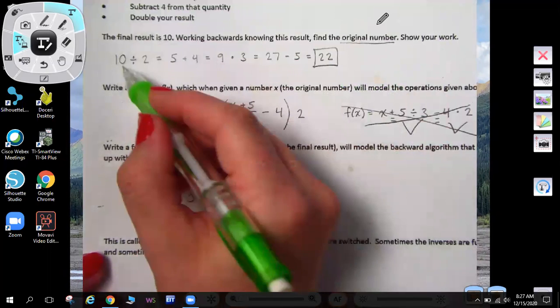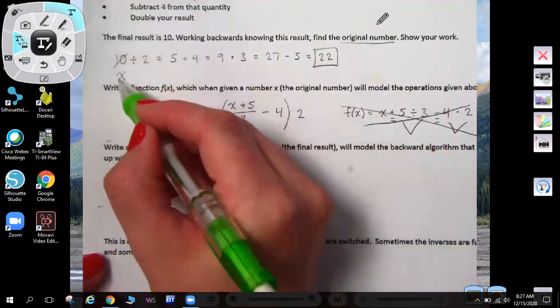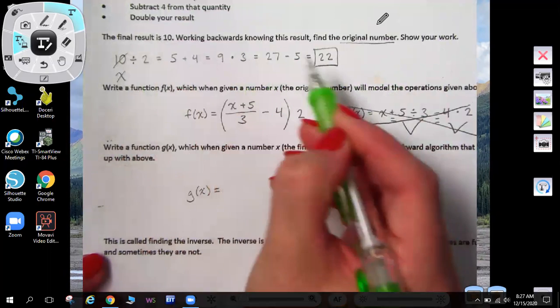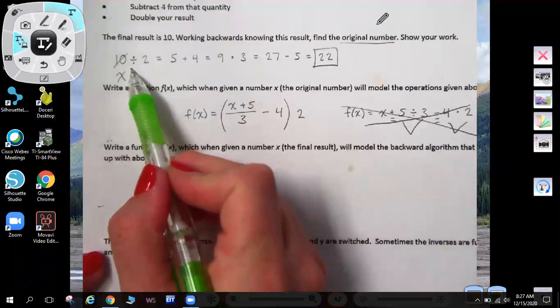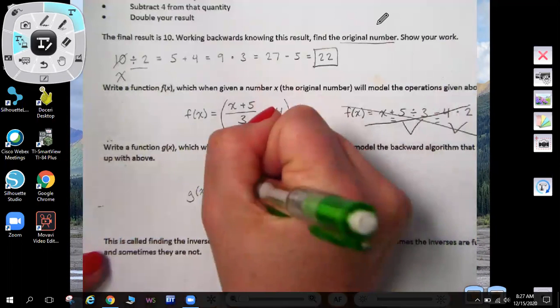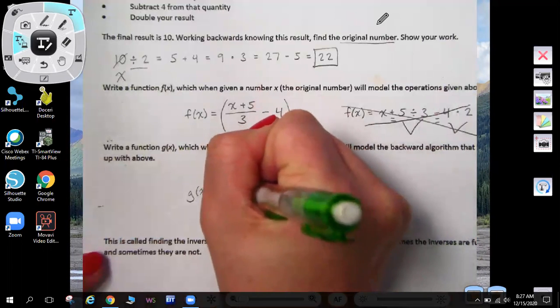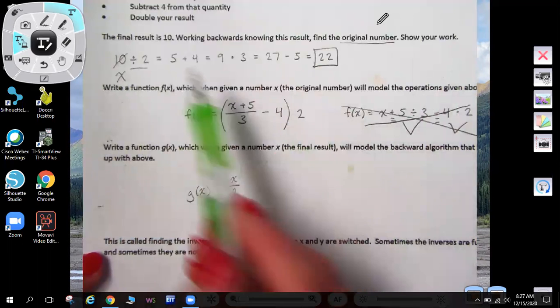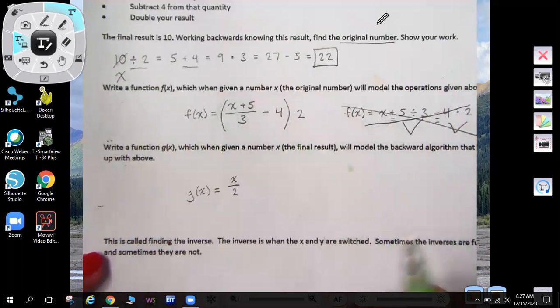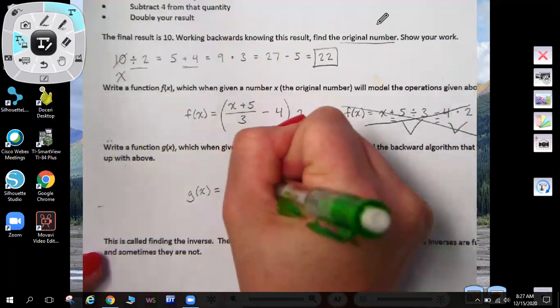So now we're starting with the final result of x. We're going to go through all the same steps that we did in that work. So the first thing we did was divide by 2. So we're starting with x divided by 2. The next thing we did was to add 4. So plus 4.